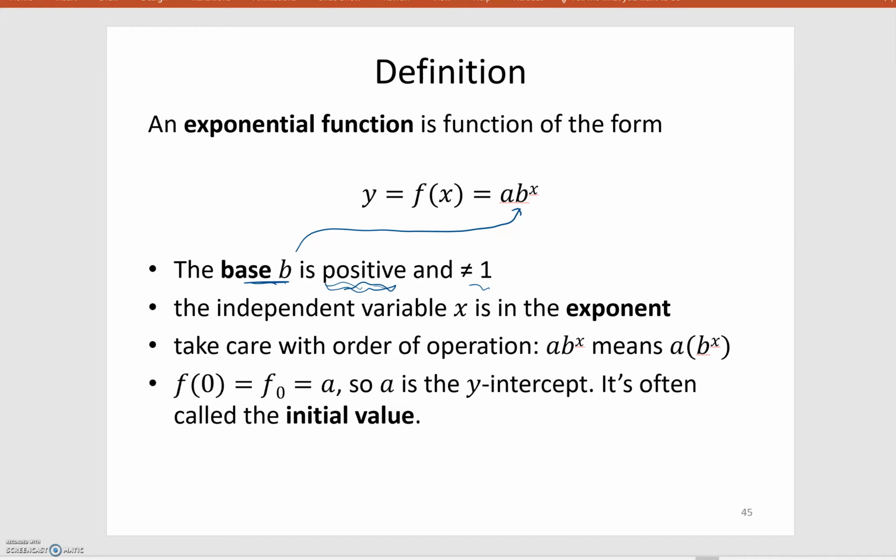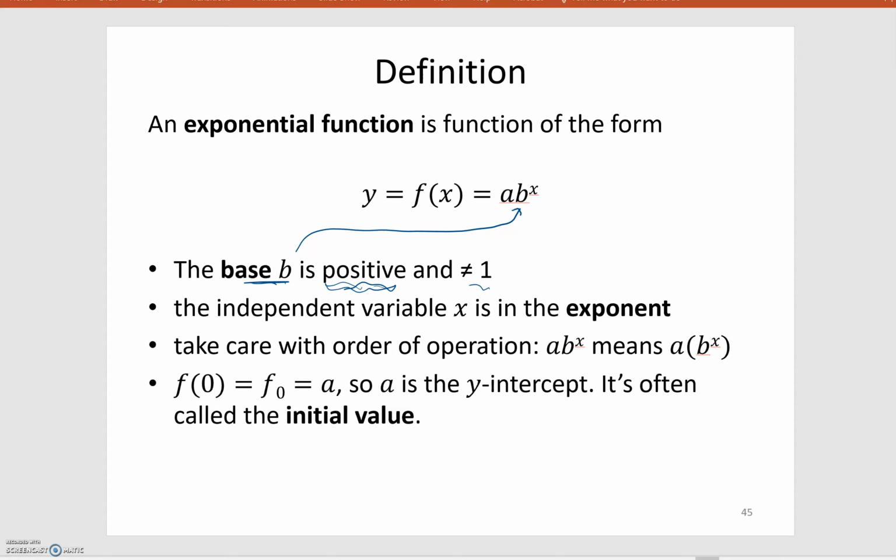The second restriction about b not being equal to 1 is simply because if we let b equal 1, then we would not have an exponential function. We would just have 1 raised to a power, and 1 raised to any value is still 1. So this would not actually show any interesting exponential behavior. So that's why we make these two restrictions.